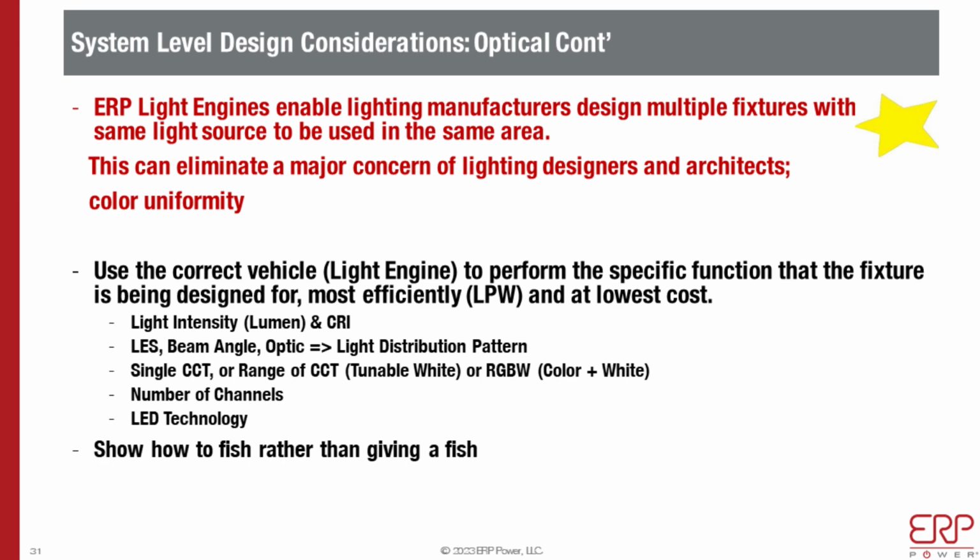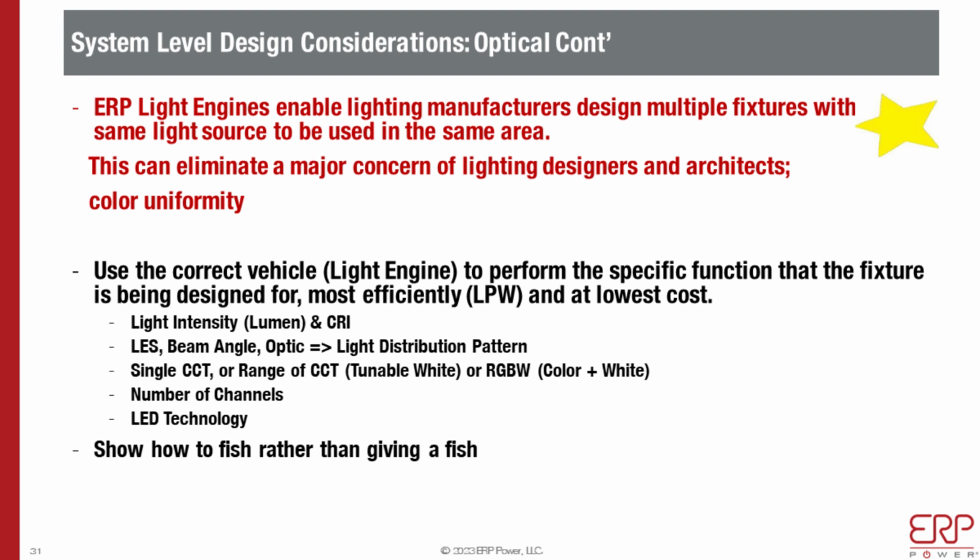I'm not going to go through the color science there, but there's a good reason for that. Using one light engine with a variety of lumens is going to give you the same quality of light, and you could have multiple fixtures designed with it. So use the correct vehicle or light engine to perform the specific function that the fixture is being designed for, and most efficiently, essentially the highest LPW and the lowest cost.